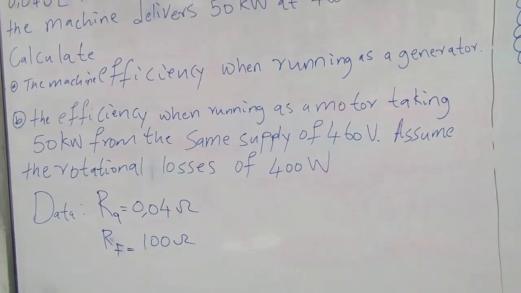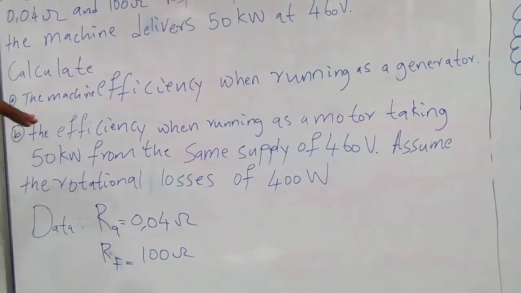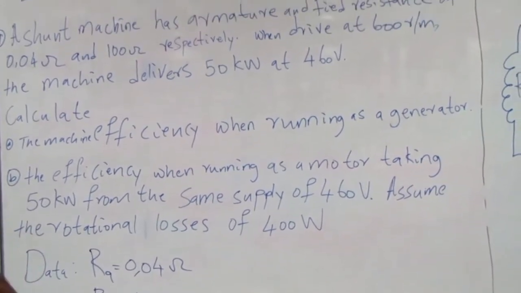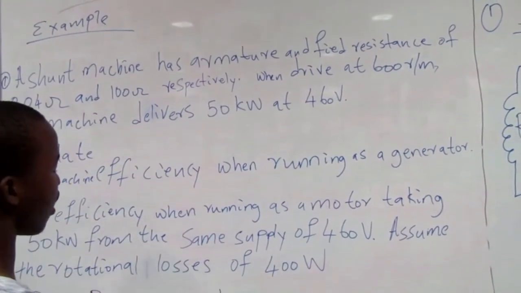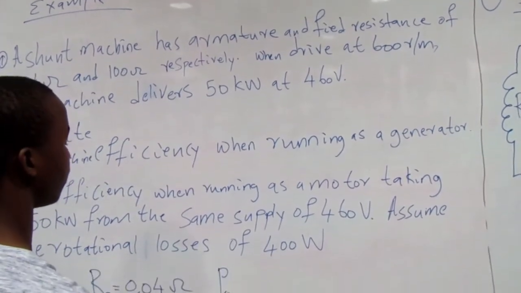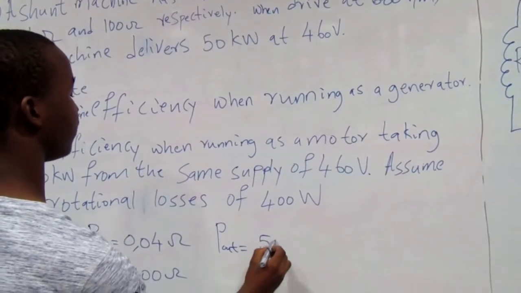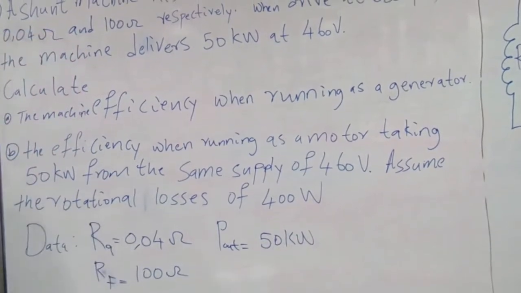Then we are given a power. Since the first question says you must calculate the efficiency when the machine is running as a generator, our power here we are going to consider as power output, 50 kilowatts.